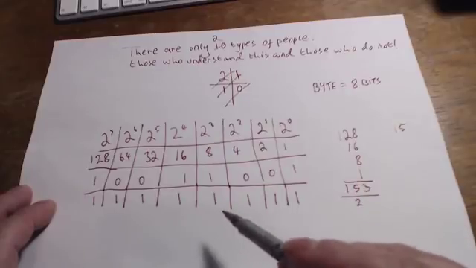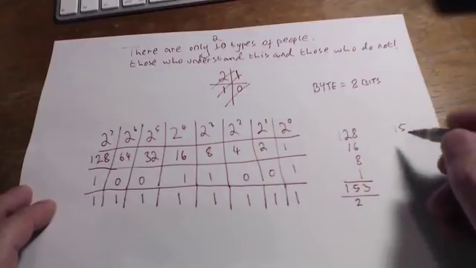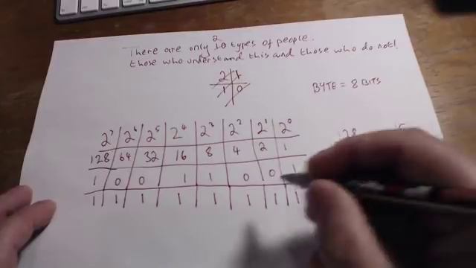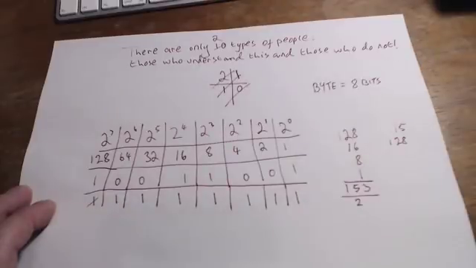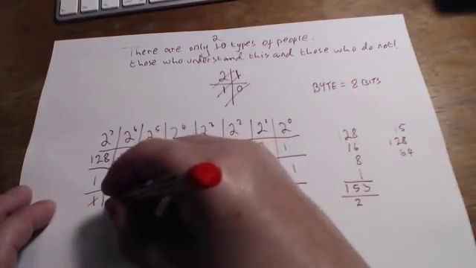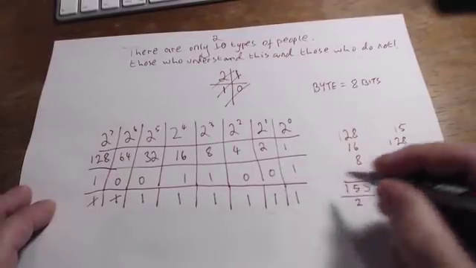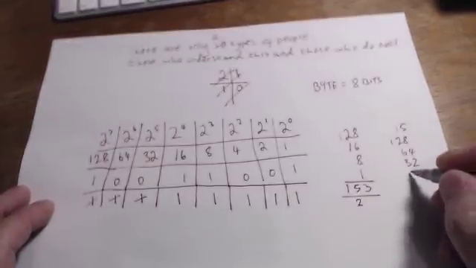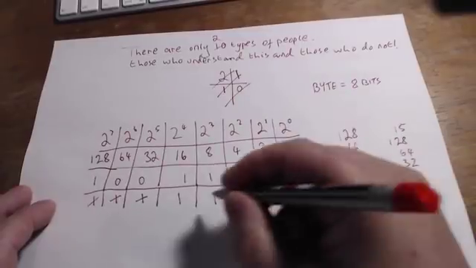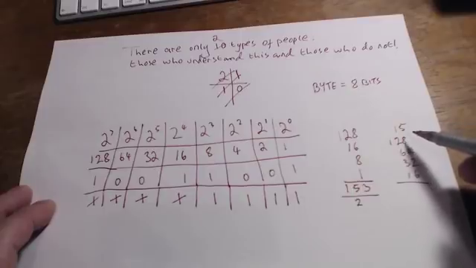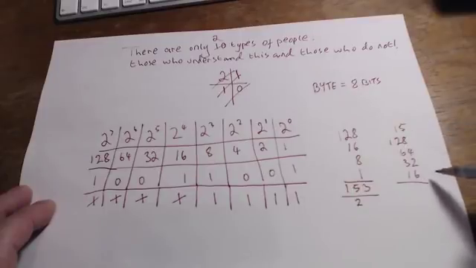Now I need to add up the second half, which is slightly larger numbers, of course. So I can say, well, I've got 128. Just put a line through that so I can remember I've done it. Plus 64. Plus 32. Plus 16. So let's have a little look at this. Quite a long number this. 8 and 5 is 13.